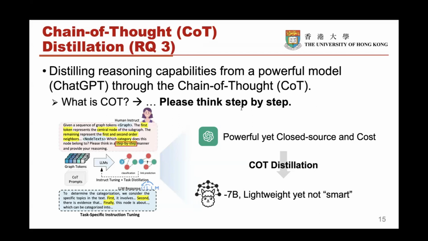But if you want to input millions or billions of nodes, I think it's a challenge how to compress the large graph into it. I think it is a very promising research direction based on graph language models. Yes, thank you very much.